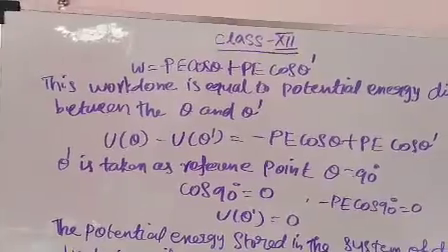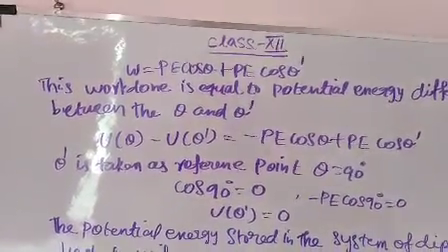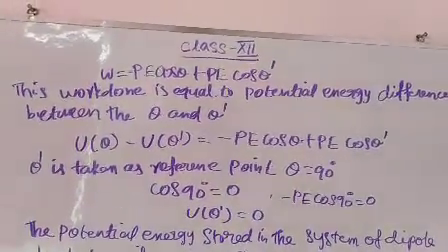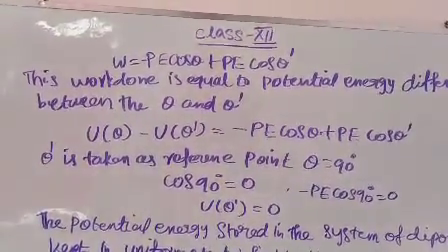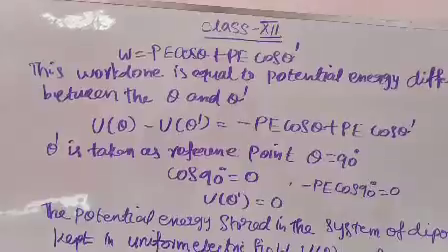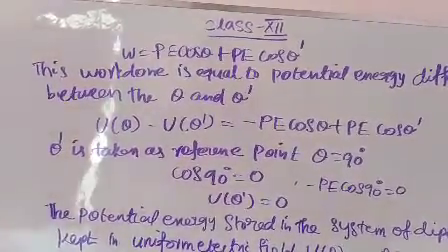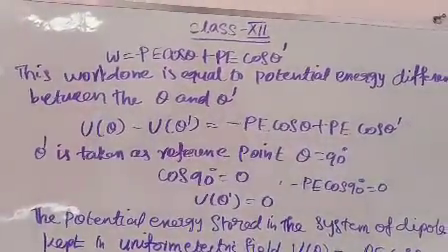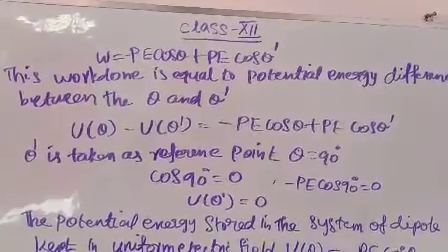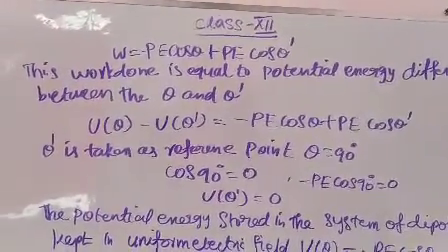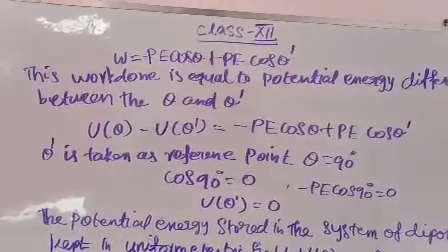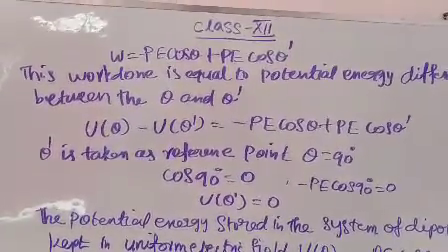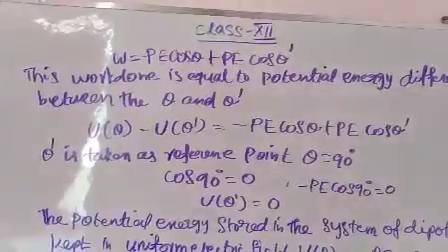This work done is equal to the potential energy difference between the angular positions theta and theta prime. So U of theta minus U of theta prime equals minus P E cos theta plus P E cos theta prime. Now theta prime is considered as a reference point. So theta prime equals 90 degrees, cos 90 equals 0.